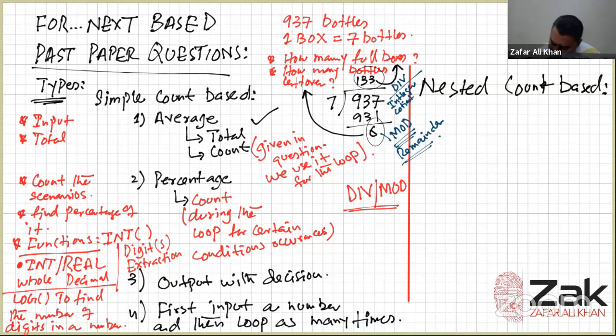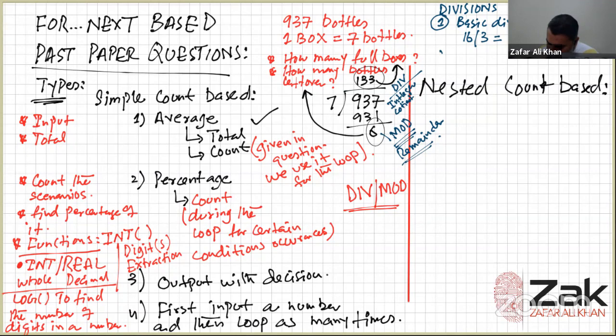We have got three types of divisions. Number one, intrinsic, basic division. Here we write 16 divided by 3. What will be the answer? 16 divided by 3 will be 5.33333.